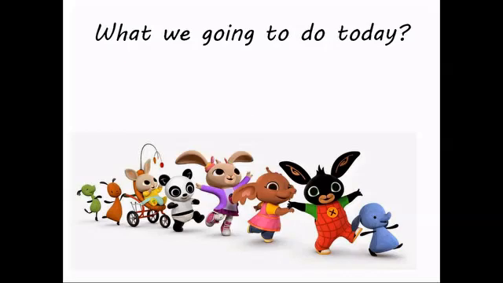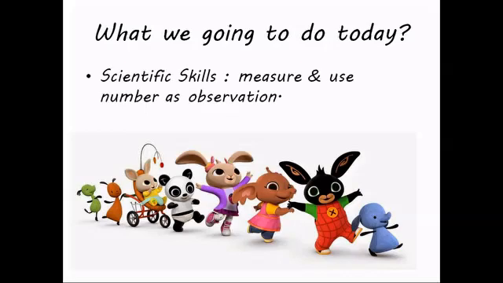Today we're going to learn about a scientific skill, which is measure and use number as your observation. You have learned observation before, but this time we're going to measure and put the number as the observation. And of course, we're going to do some fun activity. So stay tuned, guys.